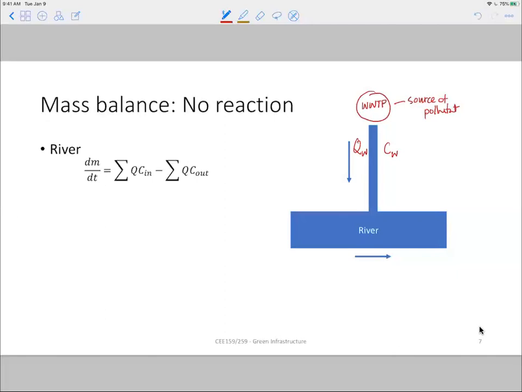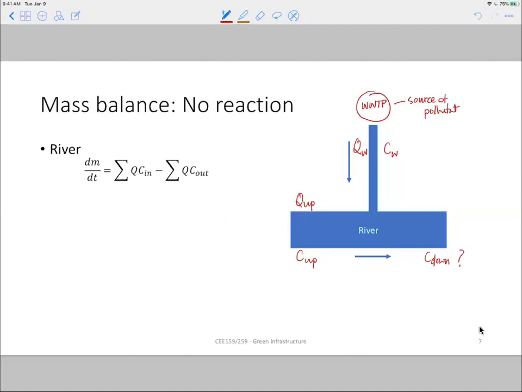And also you know that there is an upstream of the river, so there is a certain amount of flow coming in. There is also some amount of contaminants in the upstream. It's a background concentration, so we can call it C up. Most of the time we're interested in the pollutant concentration in the downstream.